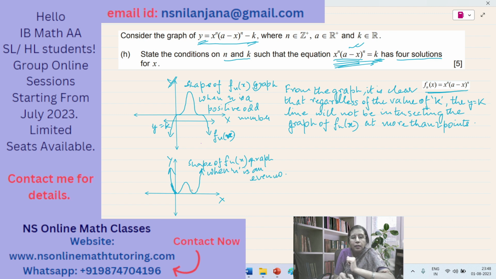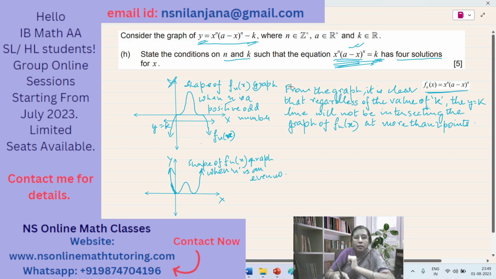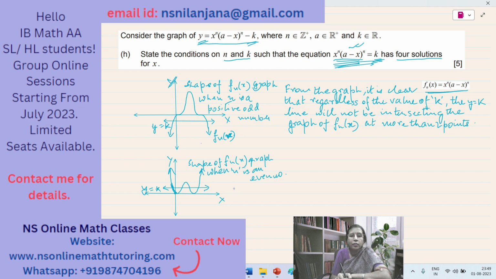And now if I draw a line over here, this line, in fact, this is also having two arrows. Let this be y equals k. Now you see the y equals k line is crossing the fn of x graph at 4 points.